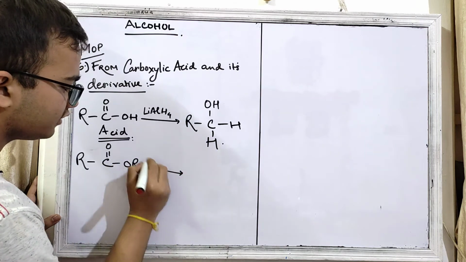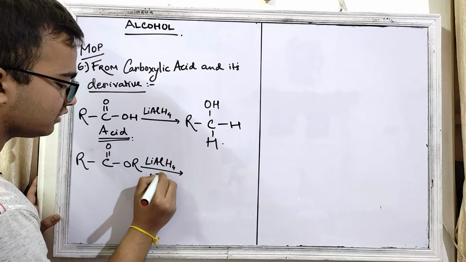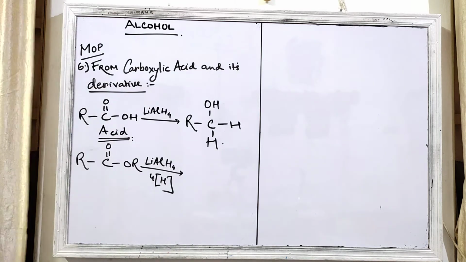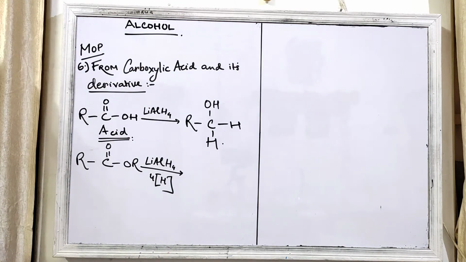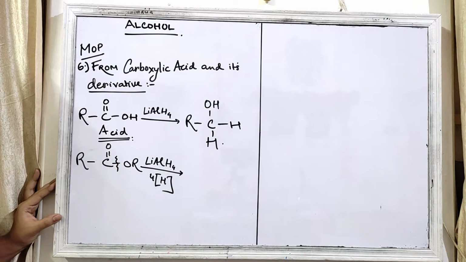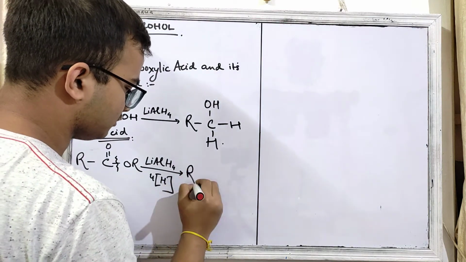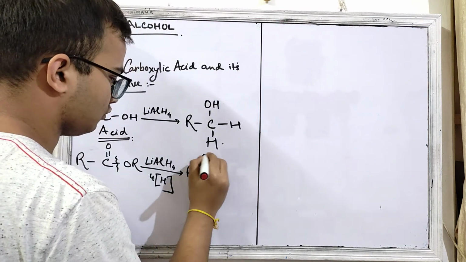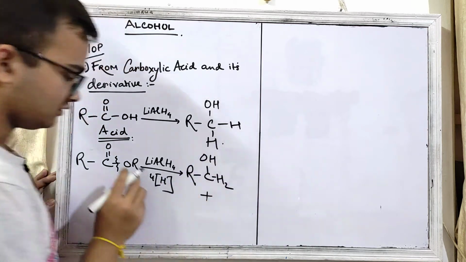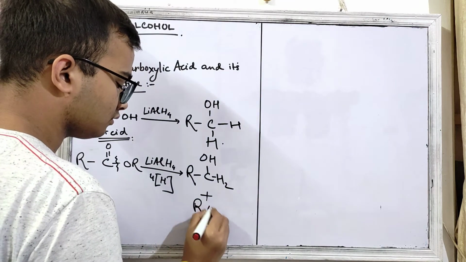Now when you are treating it with LiAlH4, which is lithium aluminum hydride, you give 4 hydrogen over here. As a result, this bond will break. So you obtain two types of alcohol, or a mixture of alcohols: RCH2OH, which is this one, plus this R and O will also get an H, so that will be ROH.